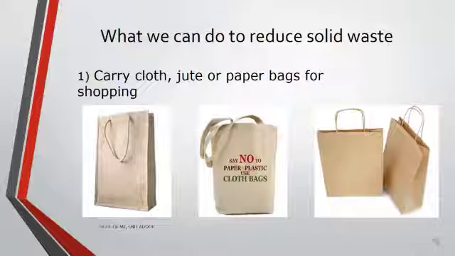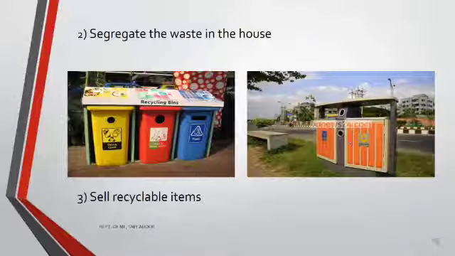One is we can use paper bags or cloth bags instead of plastic bags for shopping. Another thing is segregating the waste at home. As you know, there are houses or small scale plants that are made by segregating the waste.